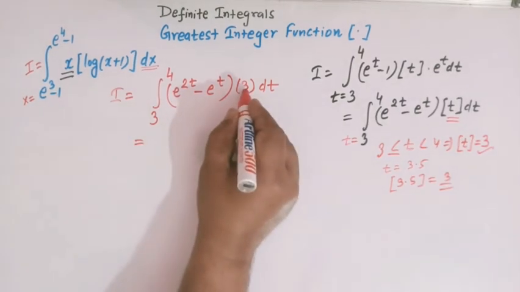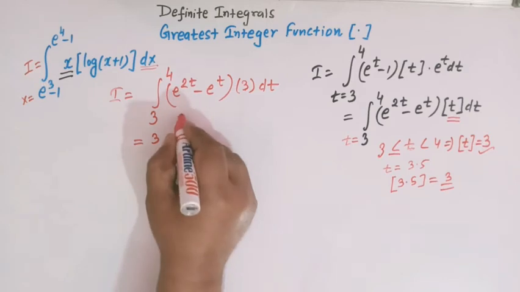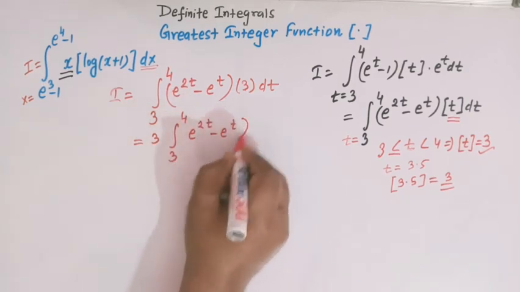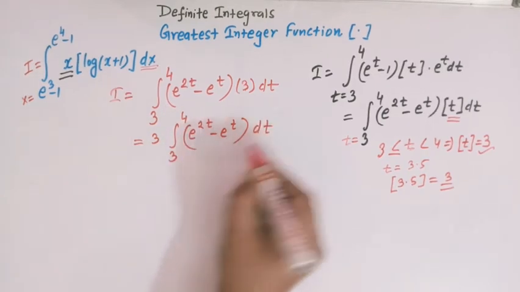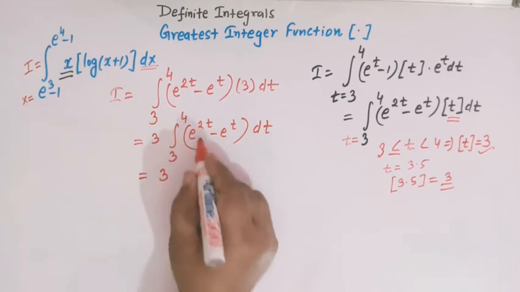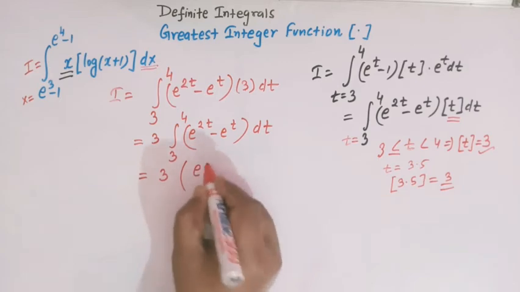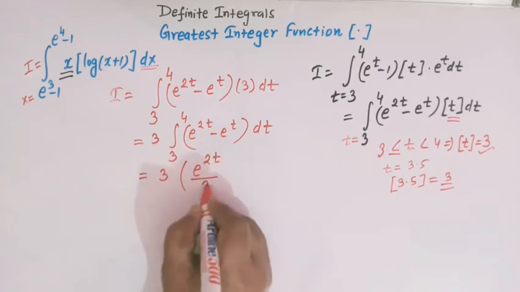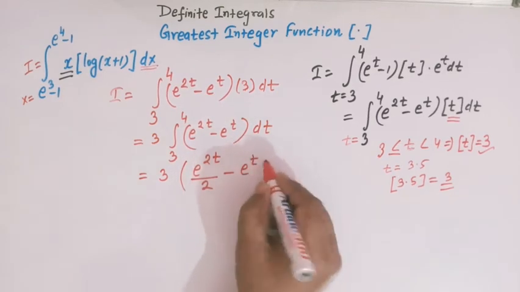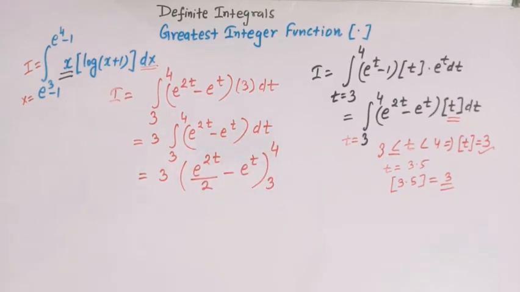Now we can take this 3 outside the integral, and we have 3 times the integral from 3 to 4 of e raised to 2t minus e raised to t, dt. And now we know that the integral of e raised to 2t is e raised to 2t over 2, and the integral of e raised to t is e raised to t, and the limits are from 3 to 4, right?